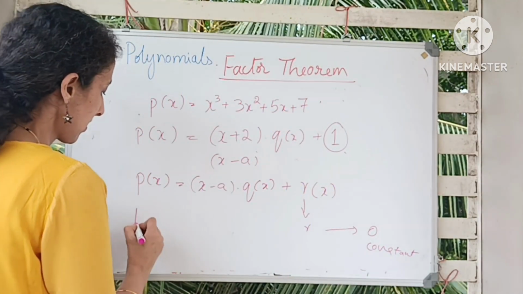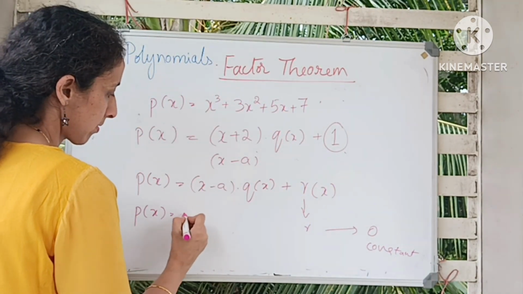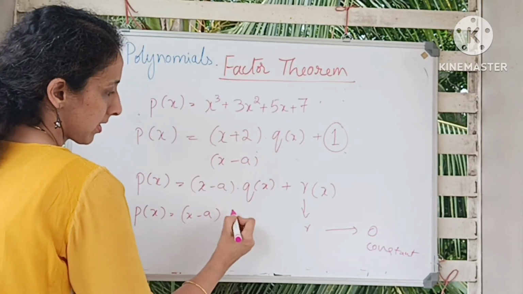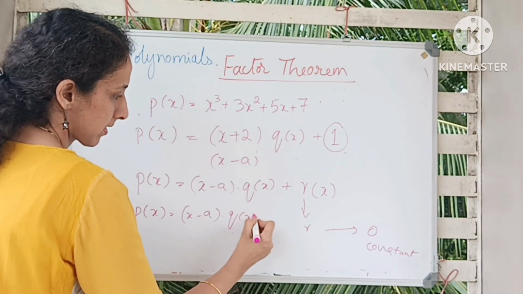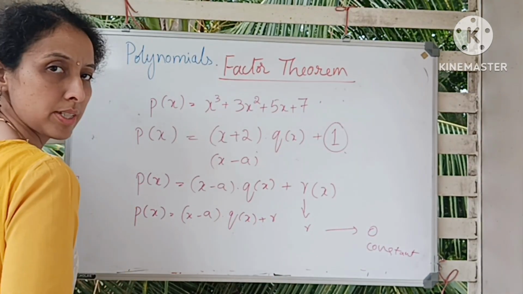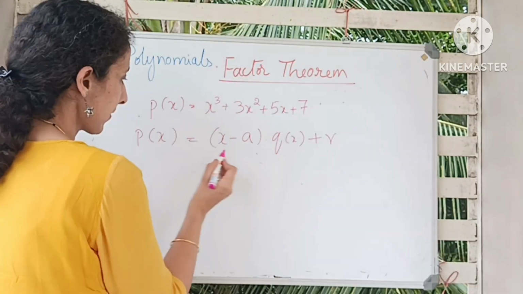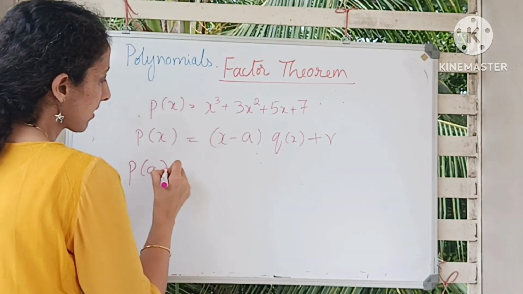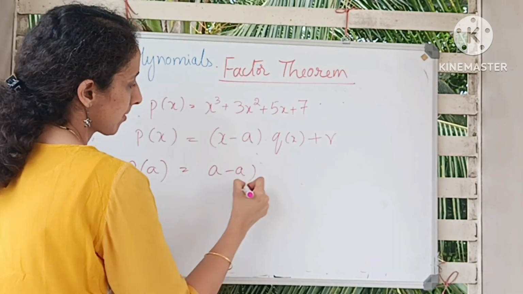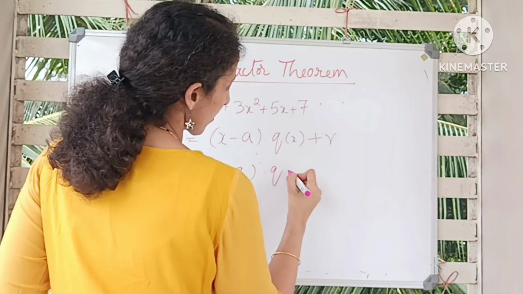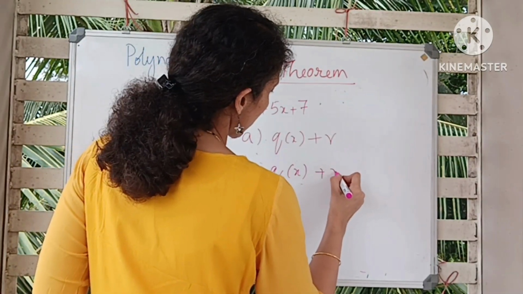When we take p of a, we get a minus a into q of a plus r.